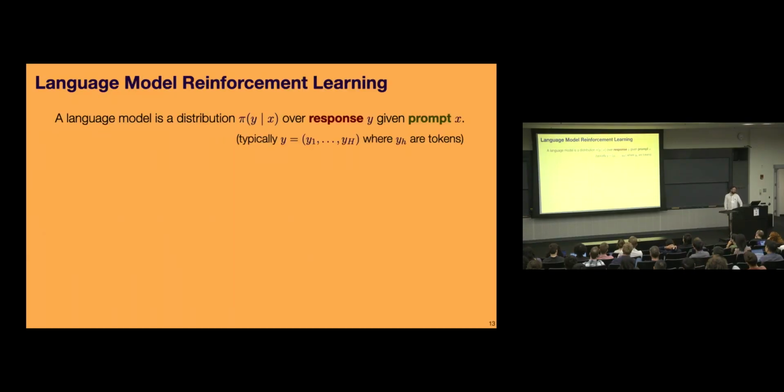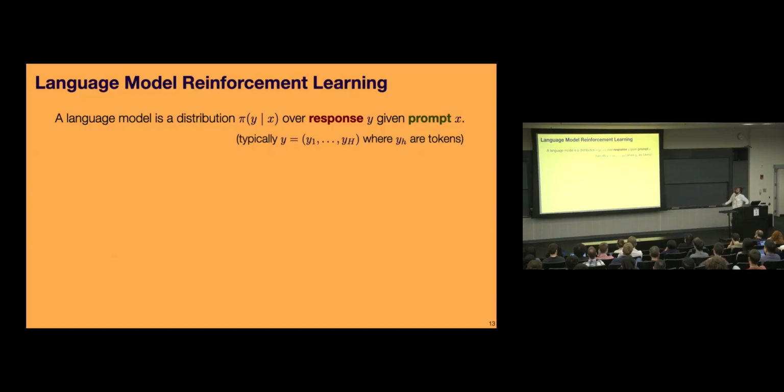First definition here is we're going to formalize a language model as a conditional distribution over responses y given a prompt x. Y here we imagine as being the full sequence of tokens the model produces when we prompt it. I'm not going to get into the details of the auto-regressive generation process at this stage in the talk.